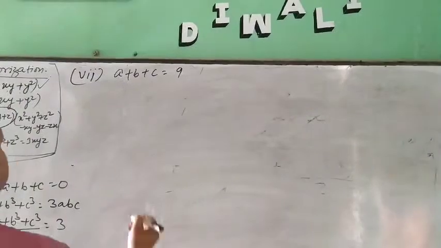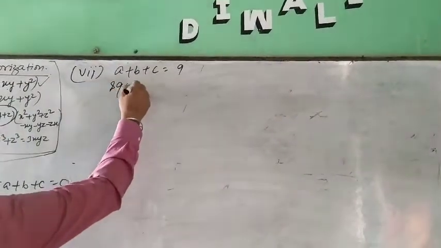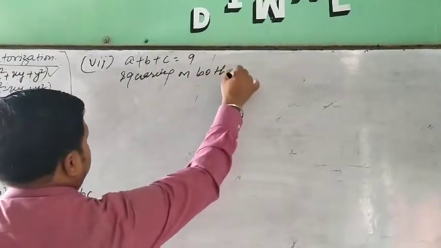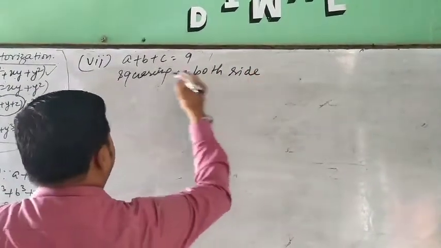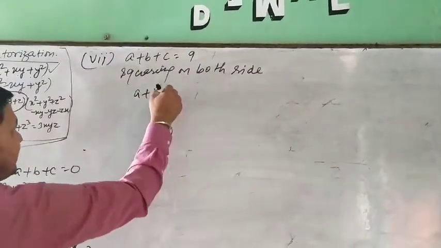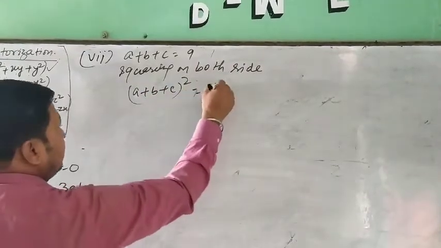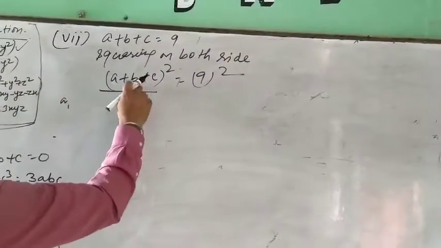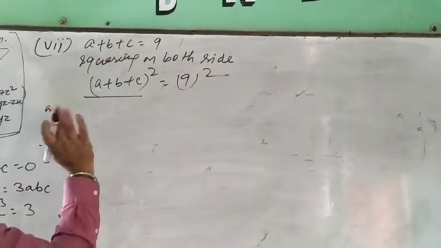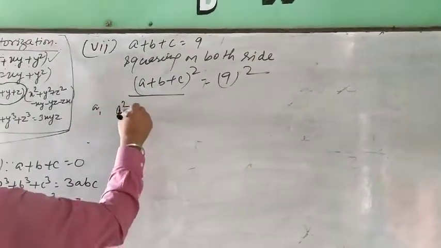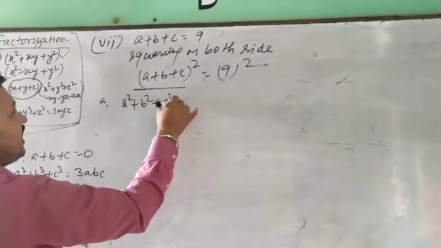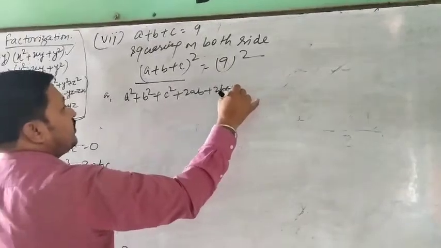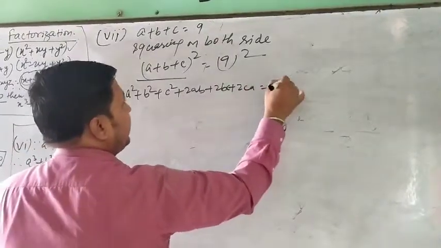So squaring on both sides, we got the result (a plus b plus c) the whole square equal to 9 the whole square. And the formula of (a plus b plus c) the whole square equal to a square plus b square plus c square plus 2ab plus 2bc plus 2ca equal to 81.